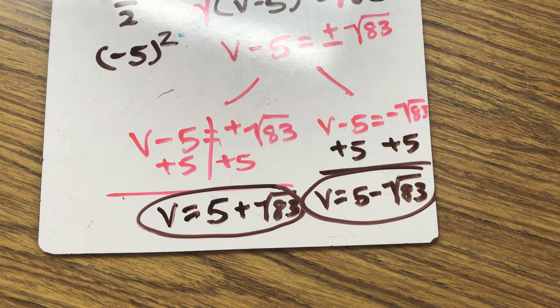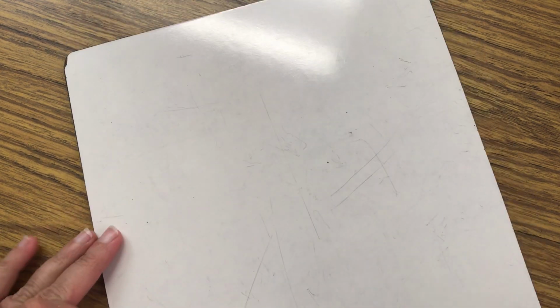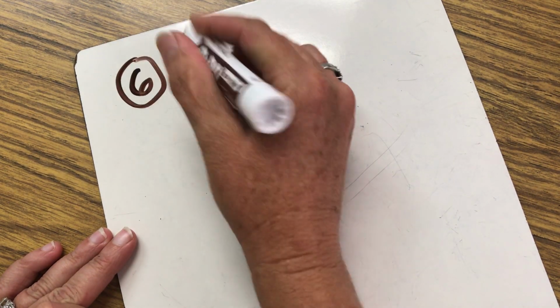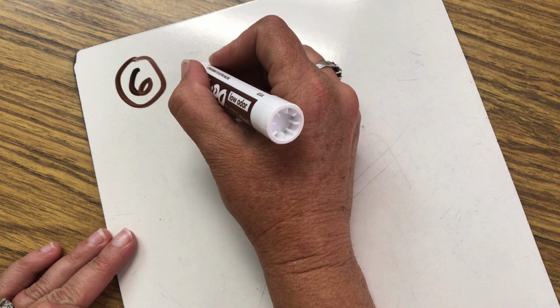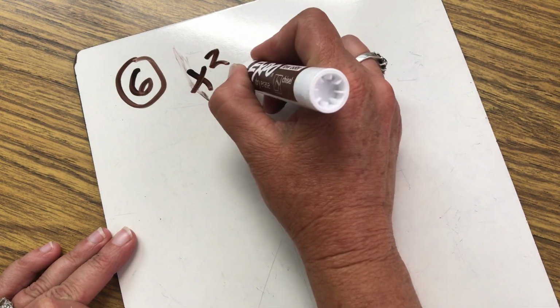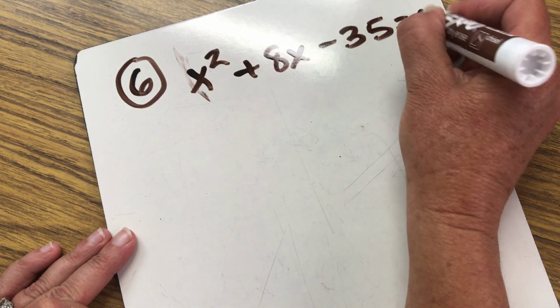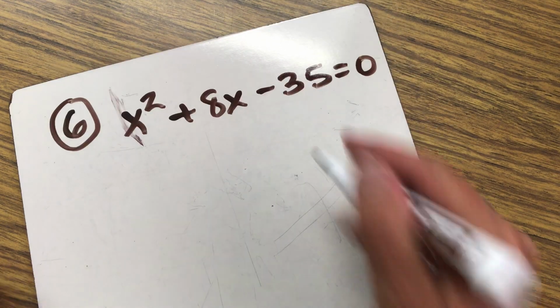Okay, so let's try the very last one, question number 6. Here we go. We have x squared plus 8x minus 35. Wonderful.